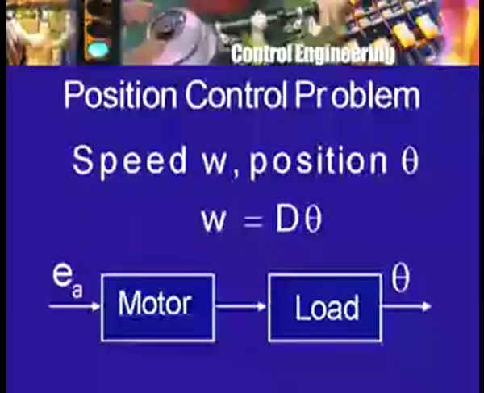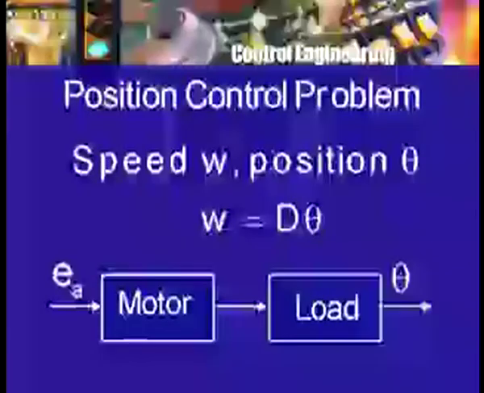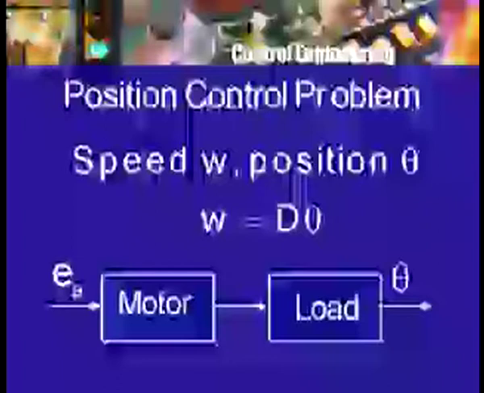Now, in the open loop case, what is it that one will expect? What one will expect is that the motor will be turned on for a short period of time. The shaft of the motor will therefore start moving. Along with that, the load shaft will move, and then if an operator is controlling the system, as soon as he sees that the load is about to reach the desired position, he will switch off the motor.